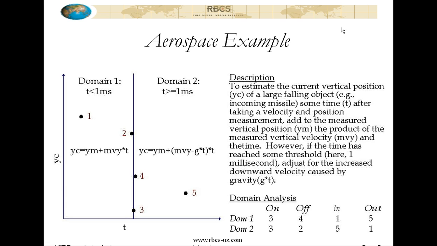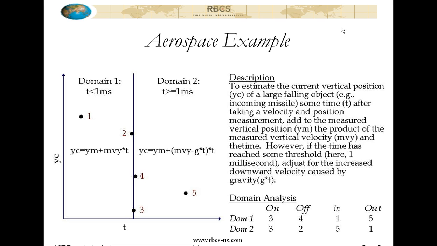So if you're going to try to predict how far in front of this falling ballistic missile you need to shoot, you have to decide whether you need to take into account the acceleration of gravity, or can you just assume that for the time it's going to take for your laser beam or targeting missile or whatever to get there, the effect of gravity will be insignificant in terms of its overall increase in speed.